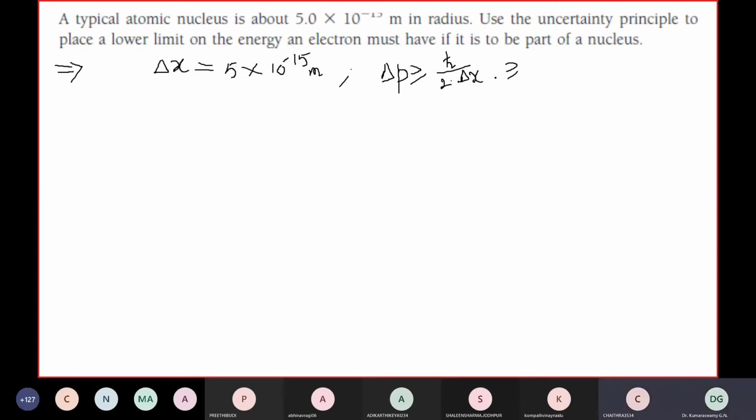It is 1.05 into 10 power minus 20, kg meter per second. Okay.